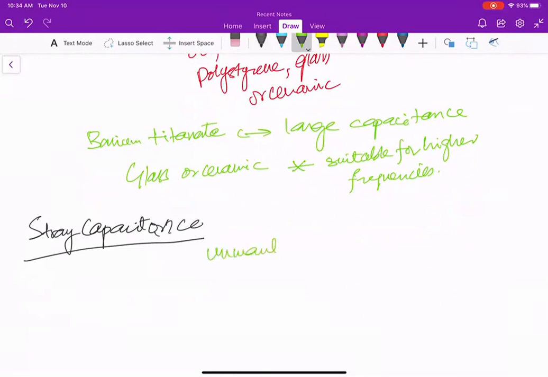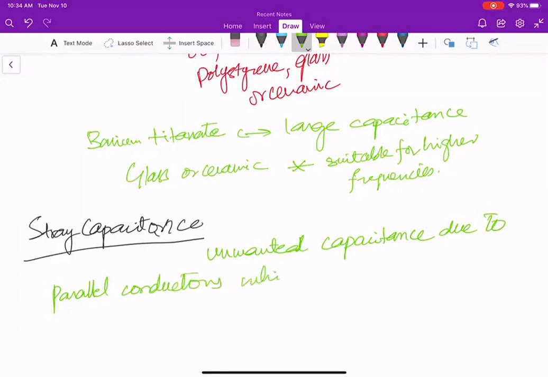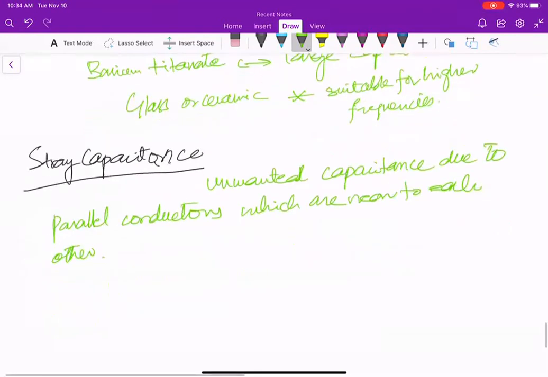It is unwanted capacitance due to parallel inductors which are near to each other. So if there are two inductors very near to each other, they can build capacitance among them because air can also act as a dielectric material. So that is an unwanted capacitance that we don't want.